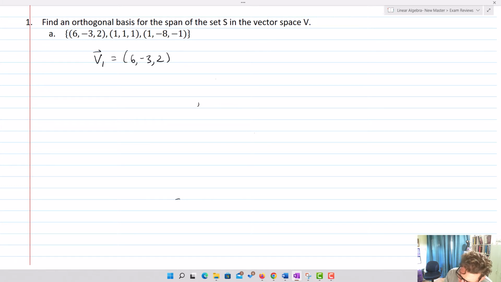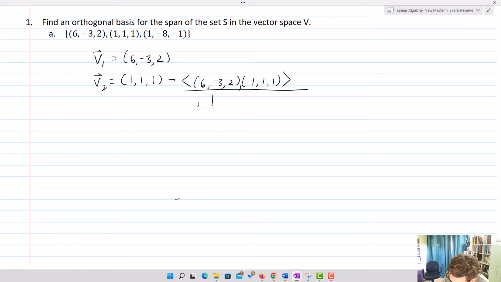So V2 is going to equal X2, so that's (1, 1, 1), minus the dot product of V1, (6, -3, 2), with (1, 1, 1), divided by the magnitude of (6, -3, 2) squared, and then we multiply that by V1, (6, -3, 2).